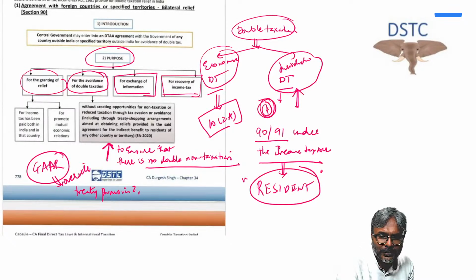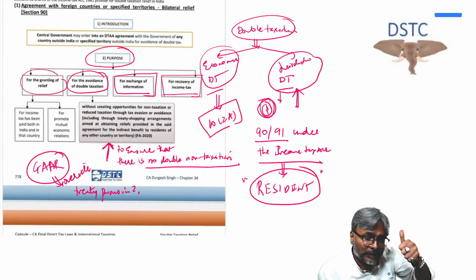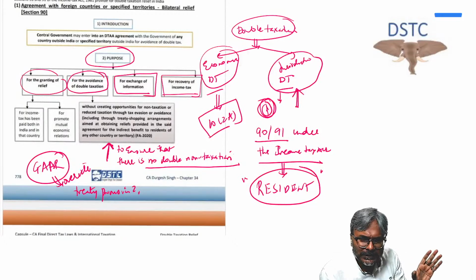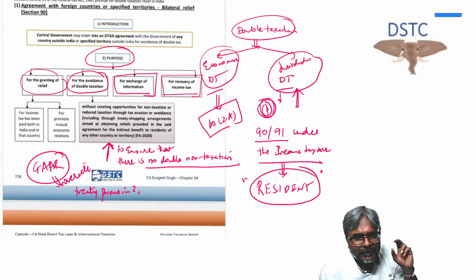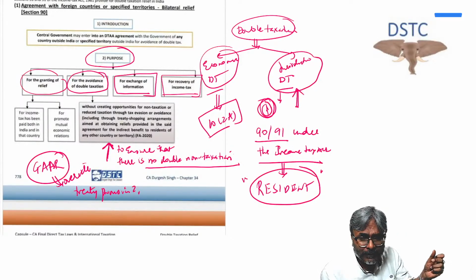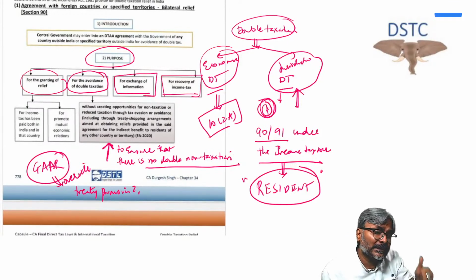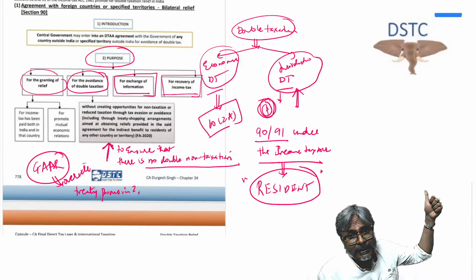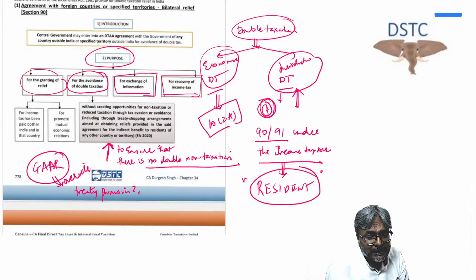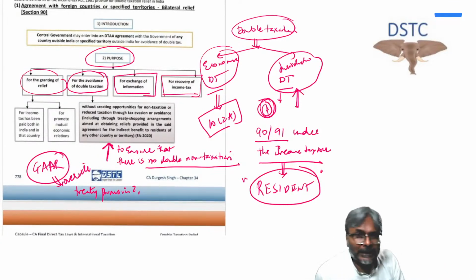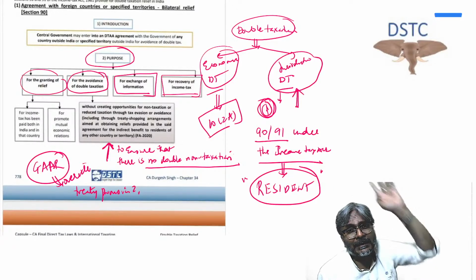Now, while you explain the juridical double taxation, you should make the answer in simple words, in a simple sentence. You have to explain that juridical double taxation happens when a person is a resident in a country, so therefore his world income is taxable, and he has earned an income in a foreign country, and therefore the same income is getting taxed in the other country as well.